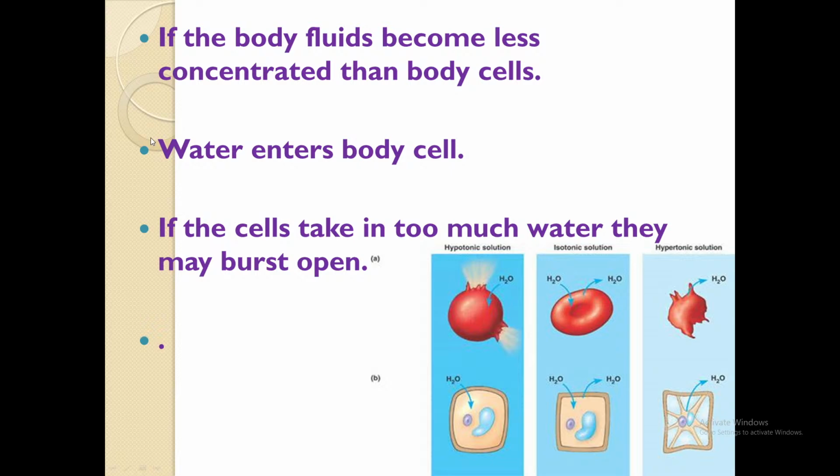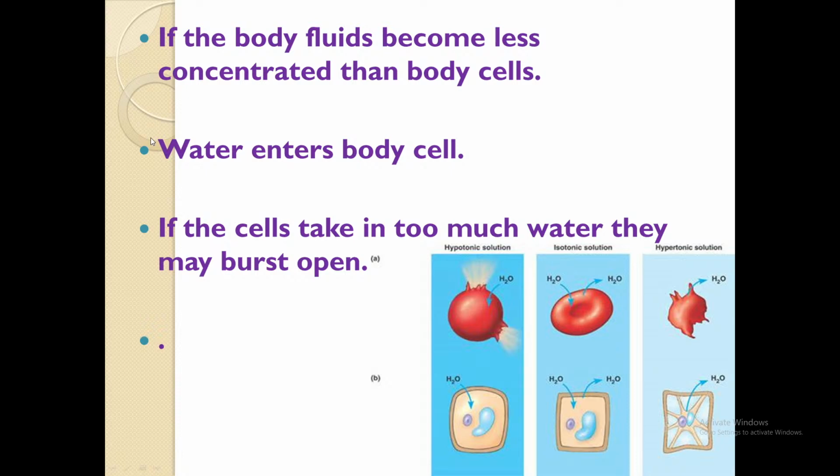So because there is more water outside of the cell than inside the cell, because of that process called osmosis, water will now enter the cell and be stored in that part of the cell known as the vacuole. If the cells take in too much water, then they may burst open. Now, under normal circumstances, you're not going to find that happen where the cells take in too much water and burst open.